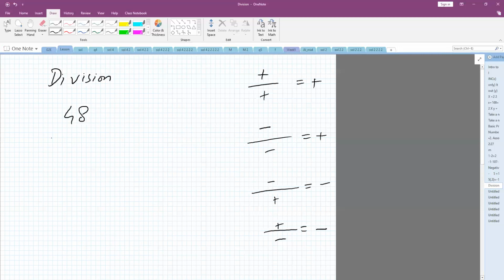48 divided by -6. 48 divided by -6 makes 42. No, this is division, not subtraction.